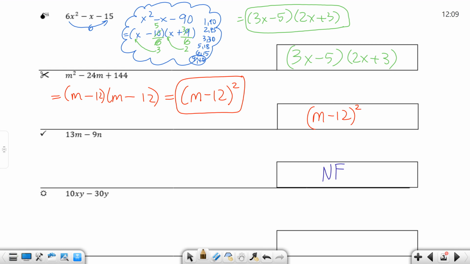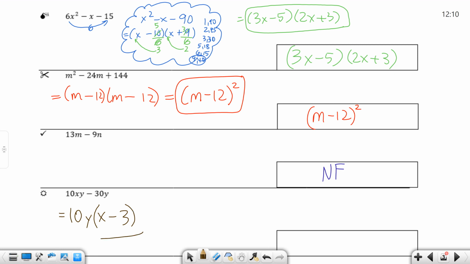So then here, 2 terms again, 10xy, negative 30y. What do they have in common? GCF, that's what we're going to do first, a 10. Anything else? They both have a y in them, right? So what's left if I take a 10y out of this? Take a 10y out, and we're left with x. And then minus, if I take a 10 out of this, that's going to be what? 3, and then I've taken the y out, so I'm only left with what there?